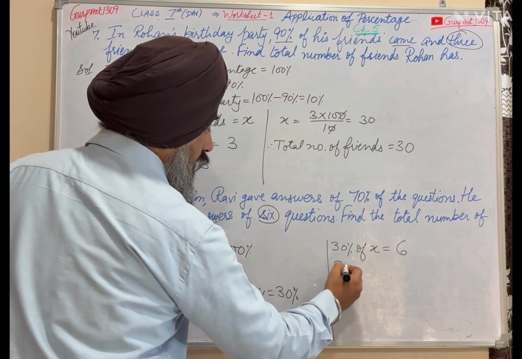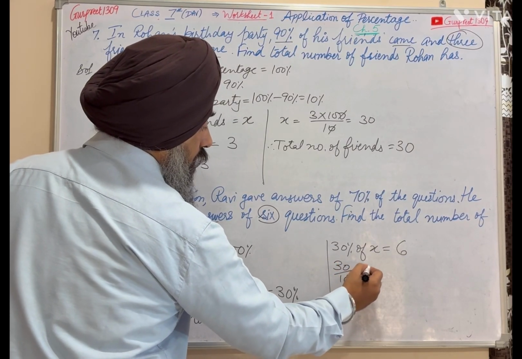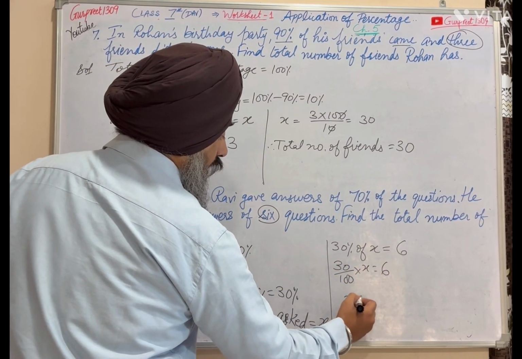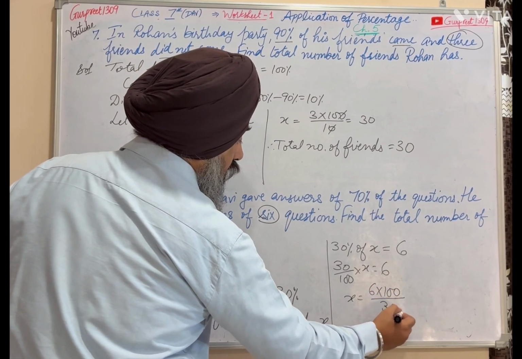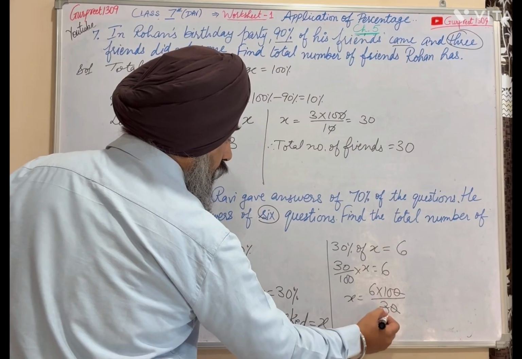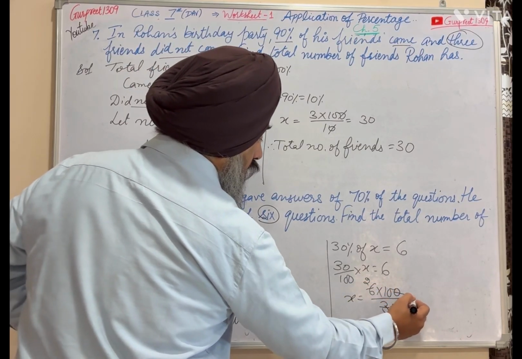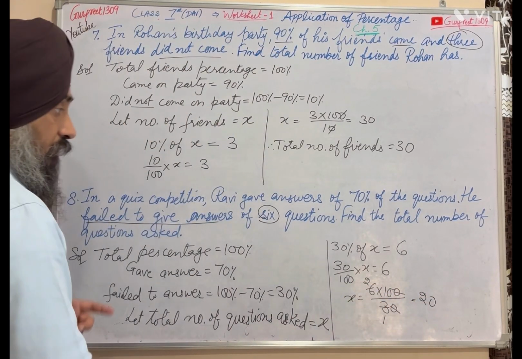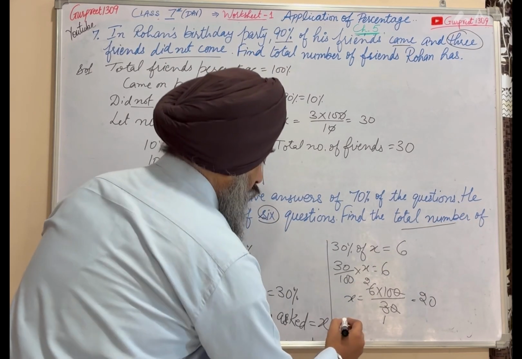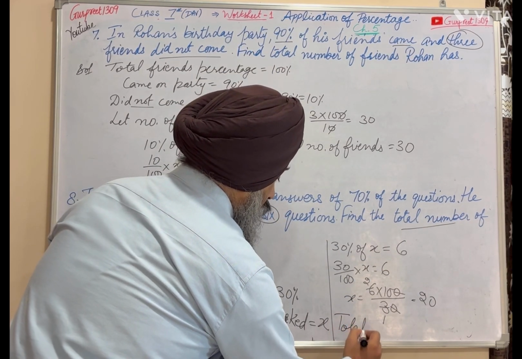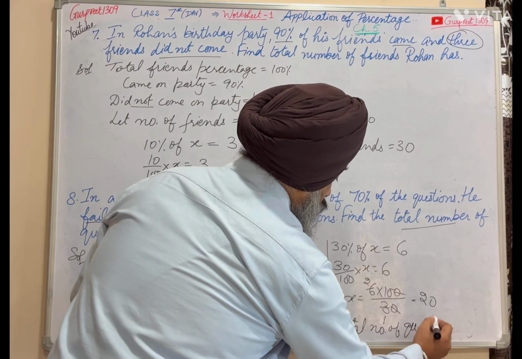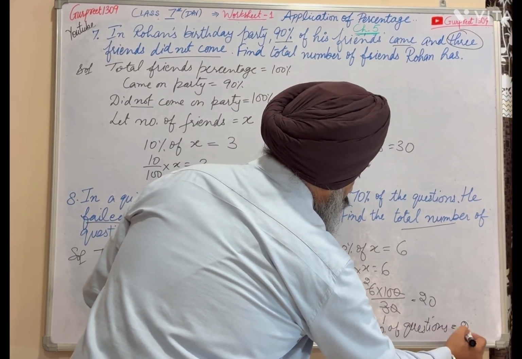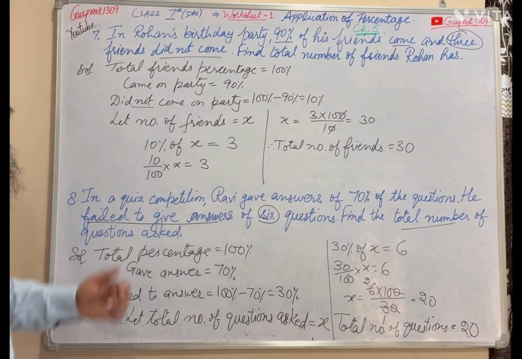Now we will solve it. 30 upon 100 multiplied by X is equal to 6. X is equal to 6 multiplied by 100 upon 30, 0 cancels with 0. 3 ones are 3, 3 twos are 6, so 20. So the total number of questions is equal to 20. So those are the solutions of question number 7 and 8.